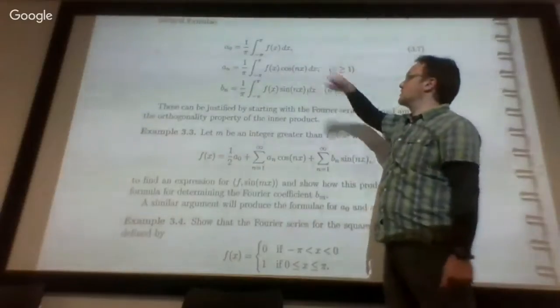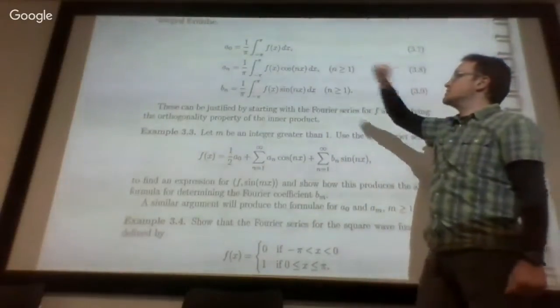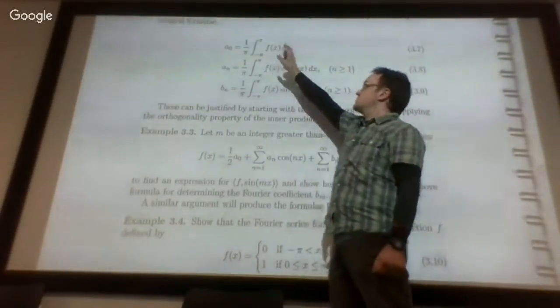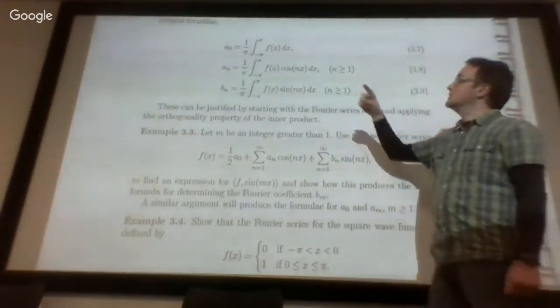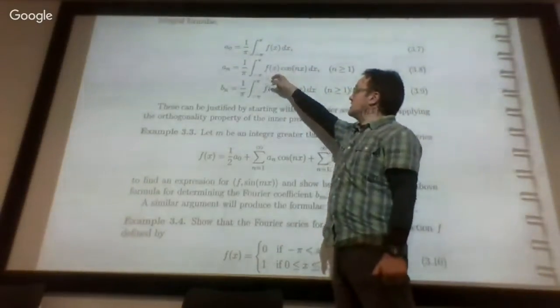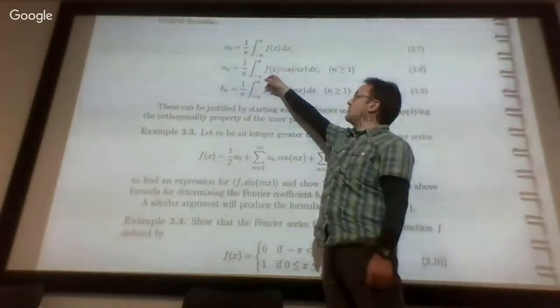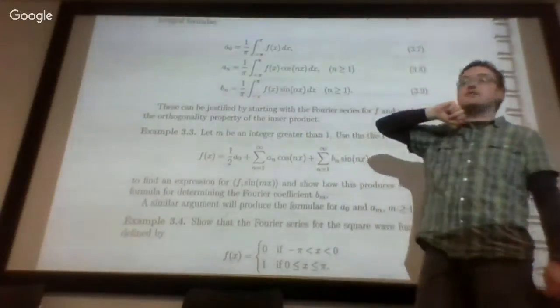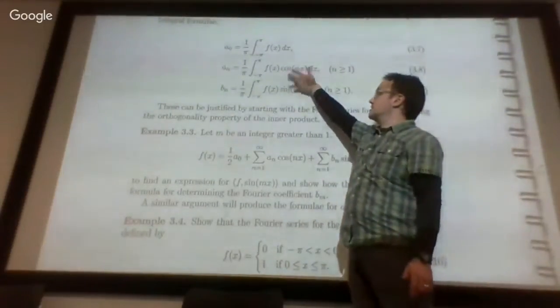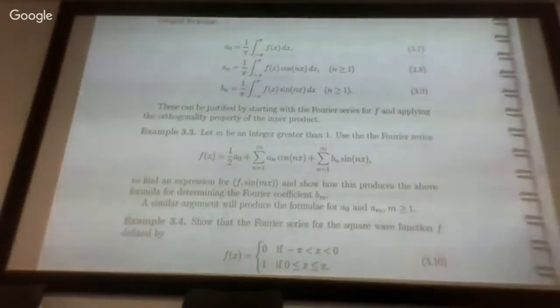These are all inner product formulas. The constant coefficient is the inner product of our objective function f with the constant function. The an's are the inner product of f with the corresponding cosine function, or as written there, the integral of f times the cosine function, and a similar thing for the coefficients bn.